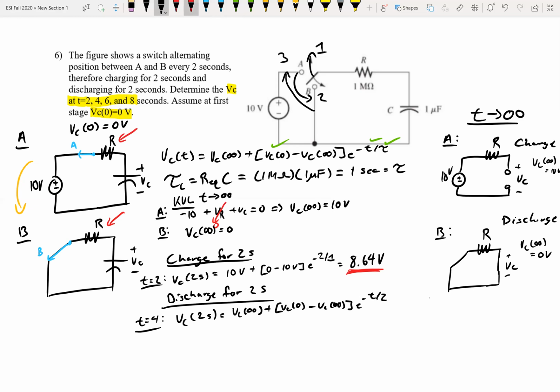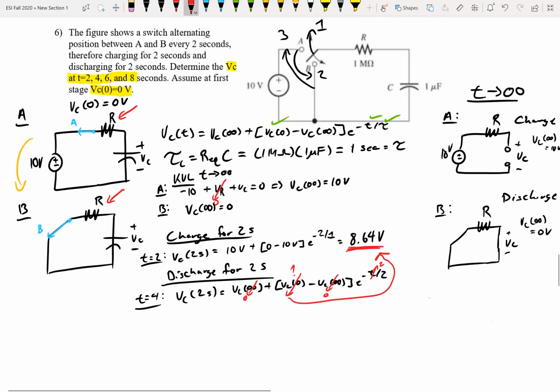Okay. We know that the V of C infinities are going to go to 0. And then we know the time is 2 seconds. The thing is, now we don't know what this V of C initial is, but it's going to be whatever value we had in the capacitor right before we stopped charging up.